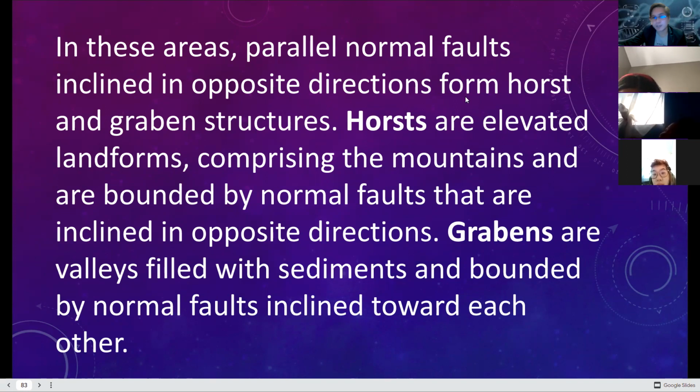I will let you see what is the form of horsts and grabens later. Horsts are elevated landforms, comprising the mountains and bounded by normal faults that are inclined in opposite directions. Grabens are valleys filled with sediments and bounded by normal faults inclined toward each other.